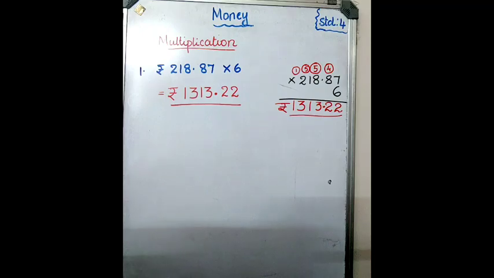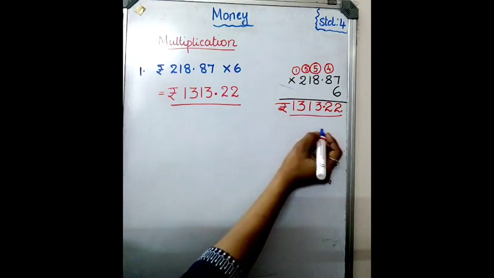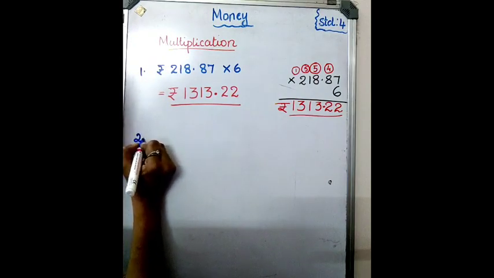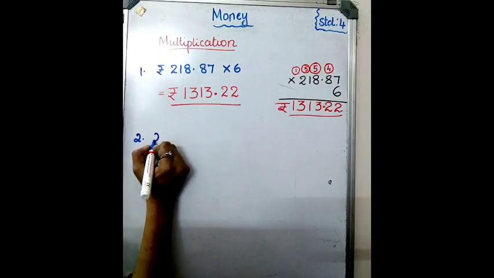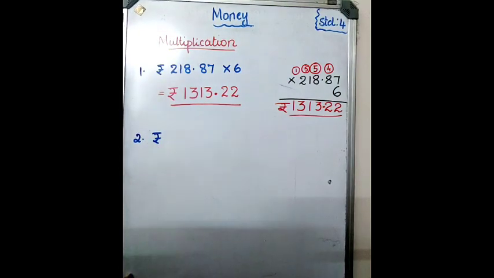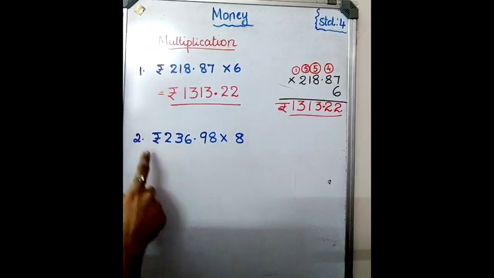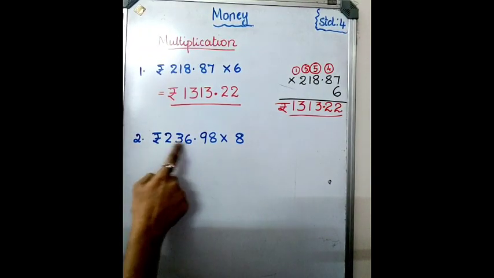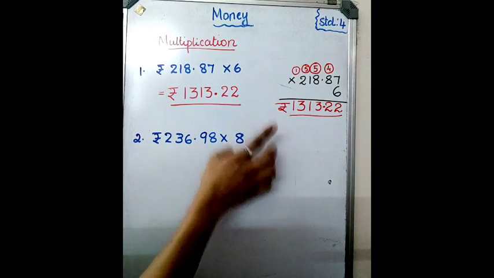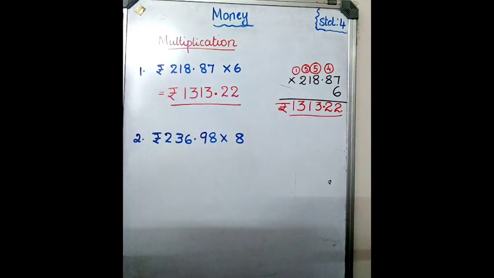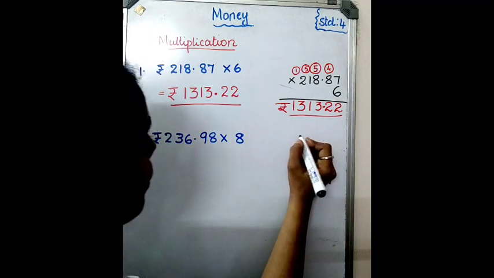All of you look here. Second question. Look here: 236 rupee 98 paise into 8. For this, you have to write down the question in the working column.